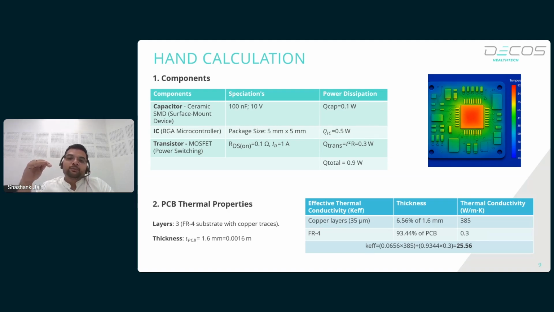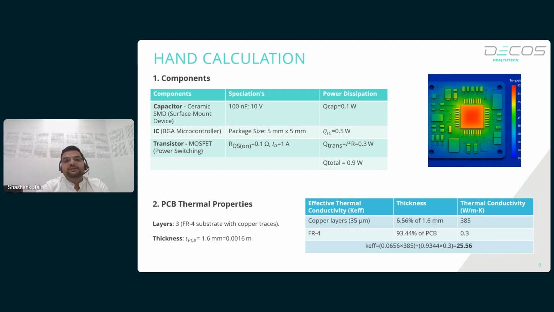That's how you are able to decide what cooling method I need to take up, and what quantum of heat is going out, and in what manner I'm going to take out the 0.9 watts. Is it the 100% which I'm going to take out? That is not possible. You can take a quantum out of it. So the effective cooling methods will take you more towards the 100%, right? So that's what total power dissipation signifies.